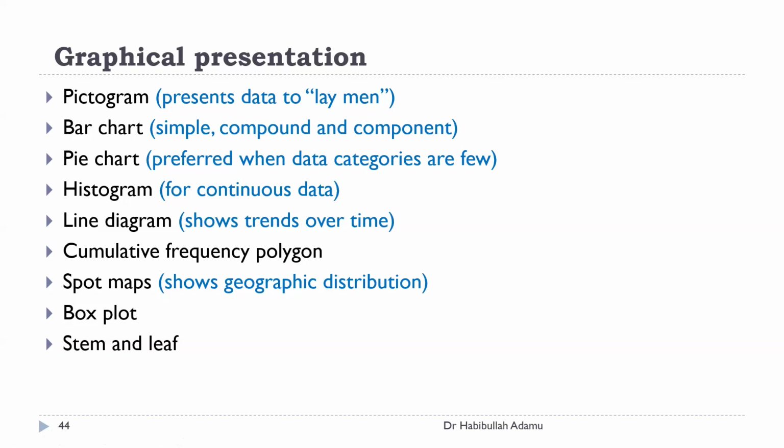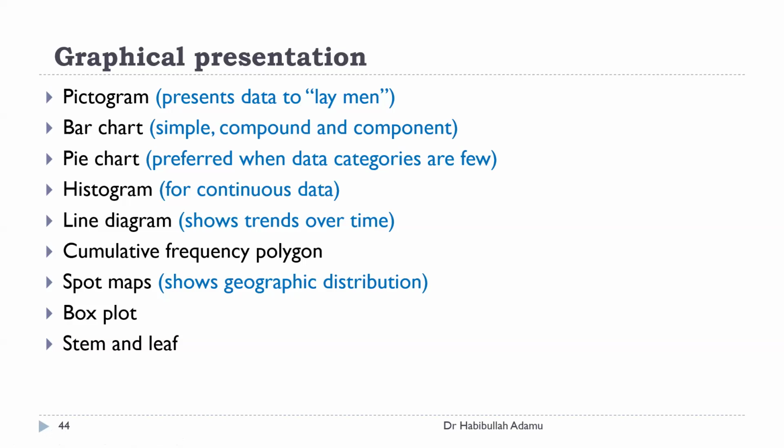Line diagram shows trends over time. For example, maybe utilization of something, first quarter, second quarter, third quarter, or 2020, 2021, and so on. And so you will see whether something is rising or falling, or it is just plateau the way it is.